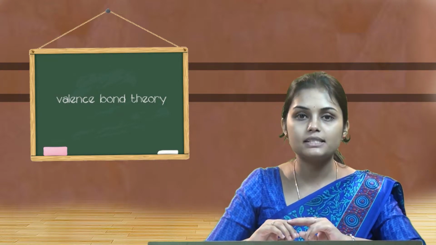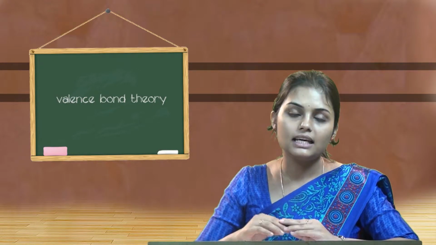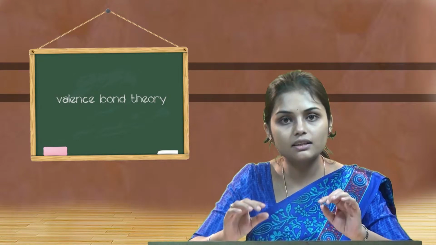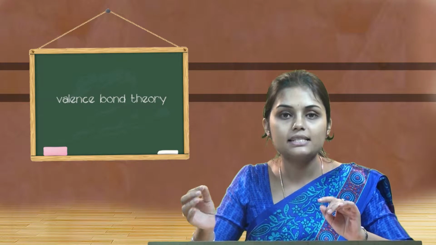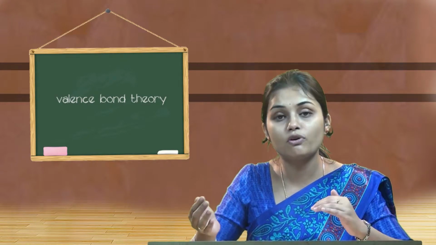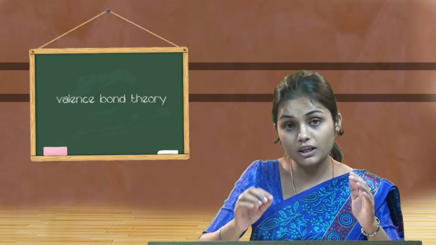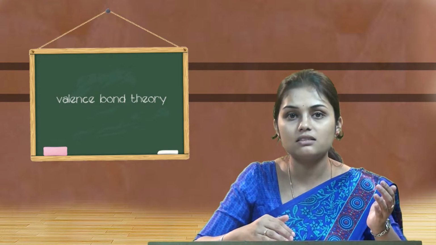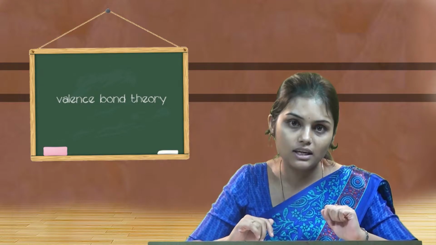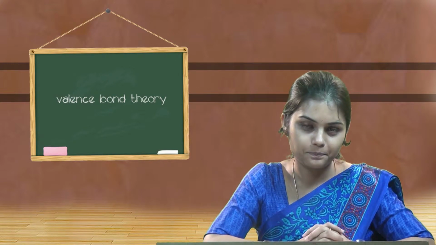And postulate number 2. Postulate number 2 states that the orbitals in the central metal ion undergo a process called hybridization before forming a coordination bond, and the new orbitals generated in the process of hybridization have equal energy, and these orbitals are called hybrid orbitals.